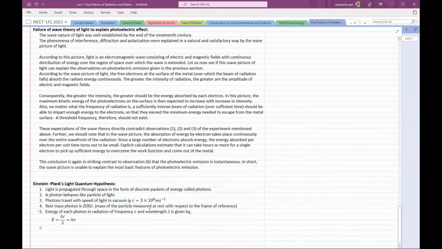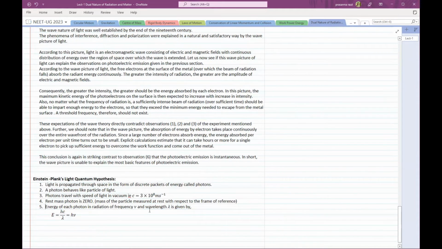E is equal to hc by lambda, which is h nu, where h is Planck's constant, and c is the speed of light and lambda the wavelength. उसका वैल्यू पता है आपको? h is 6.63 into 10 raised to minus 34 joule second, और इसे Planck's constant बोलते हैं.